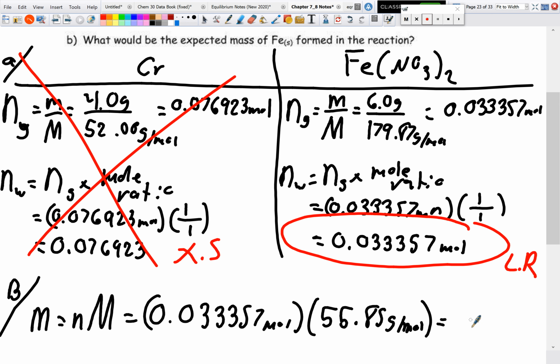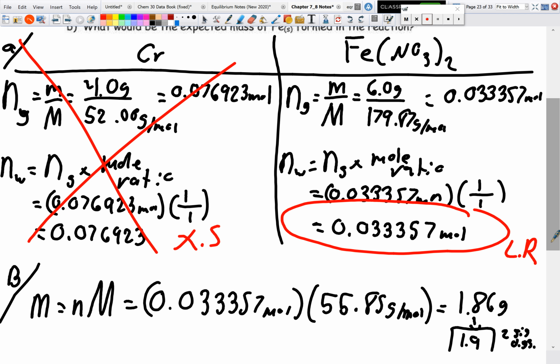And we get 1.86 grams, which we are going to simplify to 1.9 for 2 significant digits. And that is how we solve our second limiting reagent question.